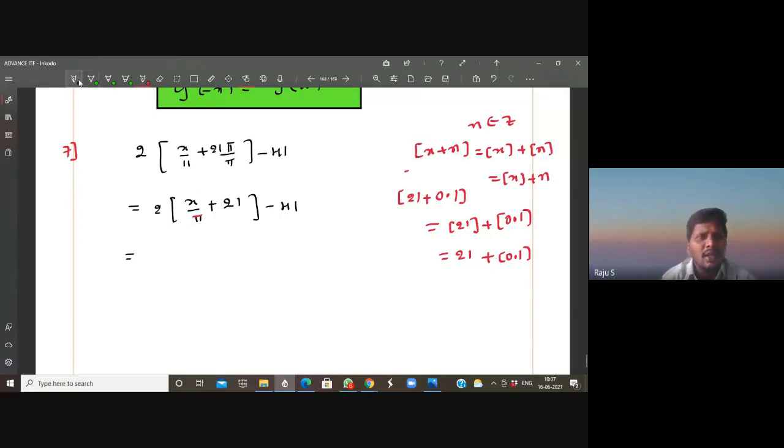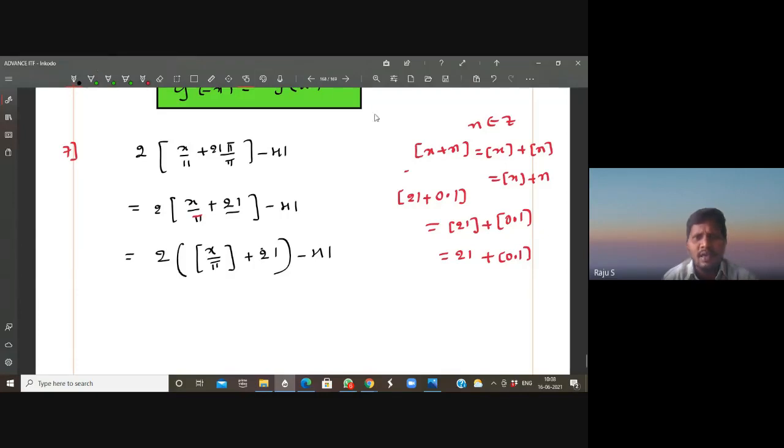Here 21 is an integer. Shall I write this is equal to 2 times the greatest integer of x by pi, then 21, minus 41.